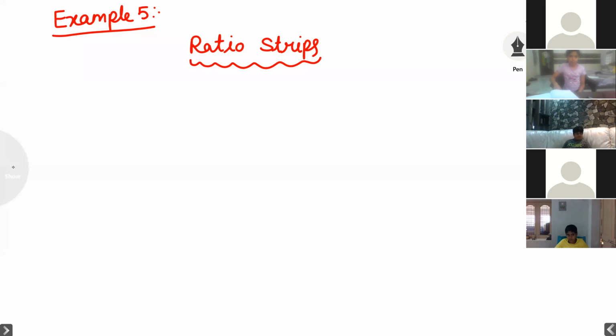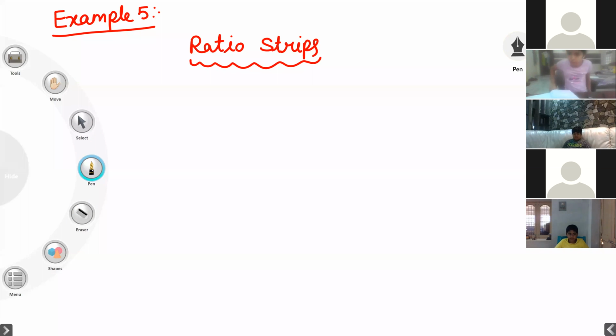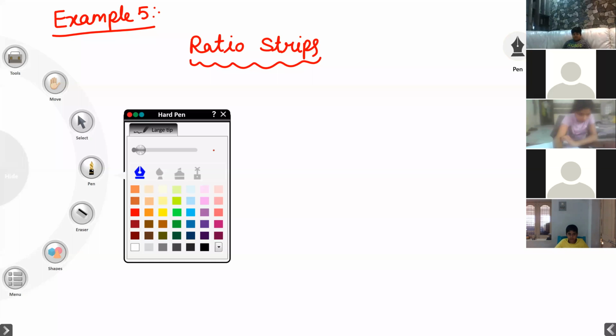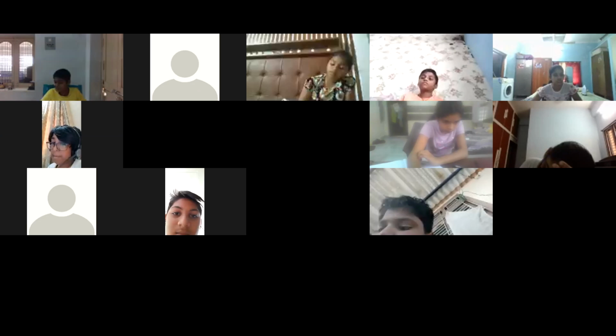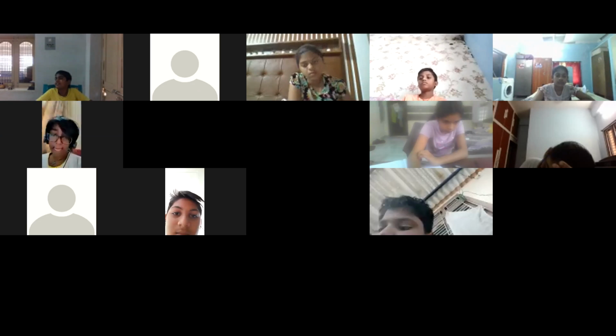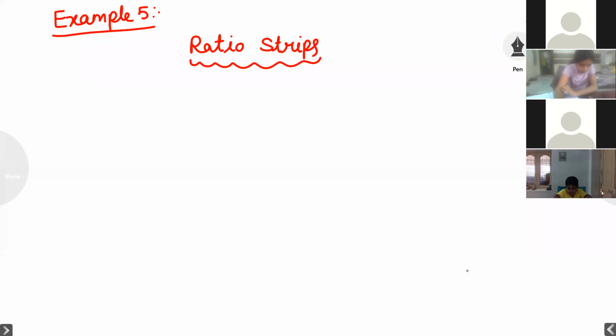This is one type of activity, students. They will give some strips, and you have to write them into ratio form. I am drawing some ratio strips here. Concentrate, everyone.